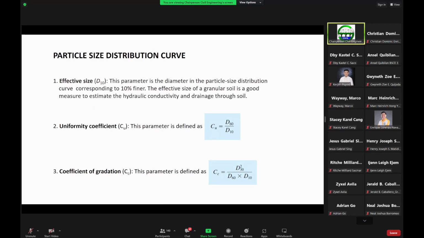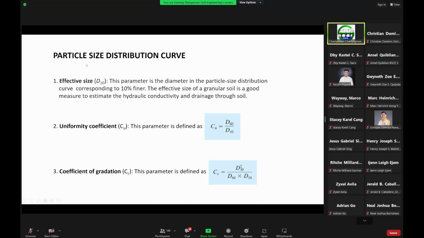The effective size of a granular soil is a good measure to estimate the hydraulic conductivity and the drainage through the soil. For example, in permeability, Hazen's formula uses the parameter D10, which you can get from the particle size distribution curve.